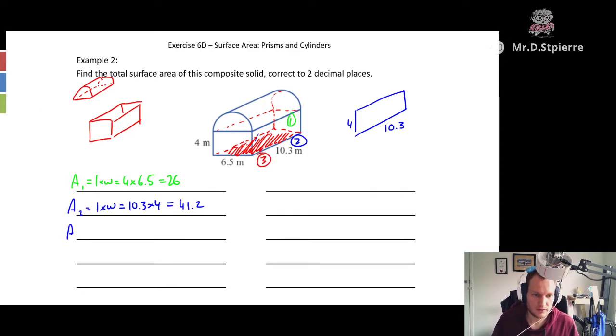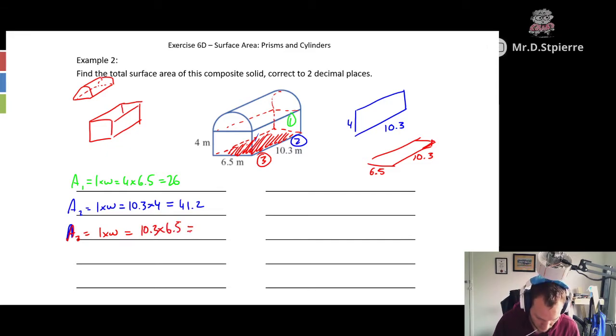Area of 3 is equal to length times width again, and we have 10.3 and 6.5. 10.3 by 6.5, now that I can't do in my head quickly. 66.95. Now we don't have any top, because it's replaced by the half cylinder.